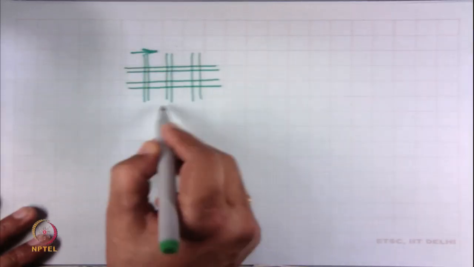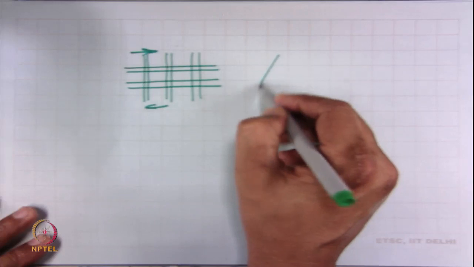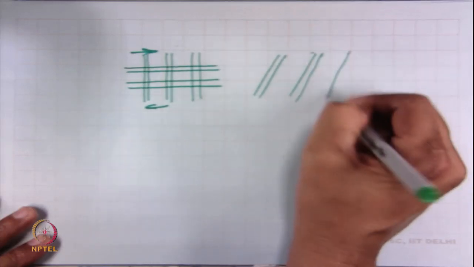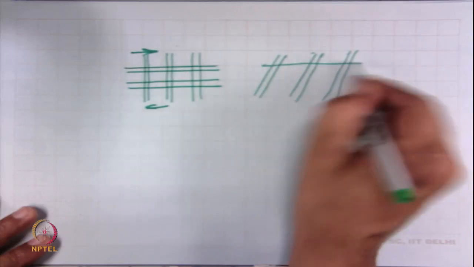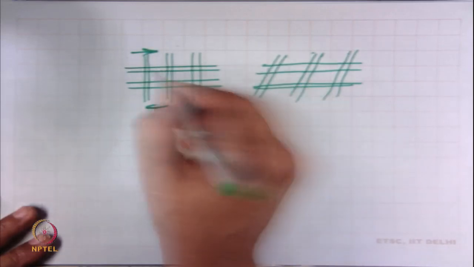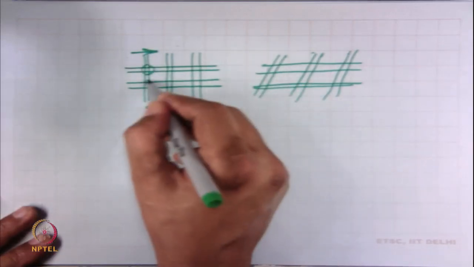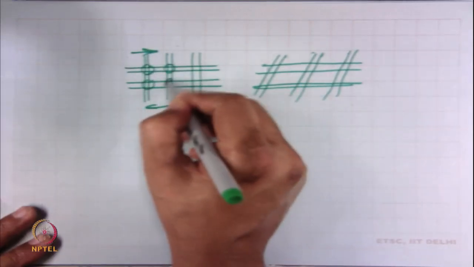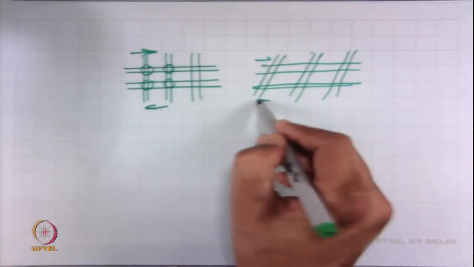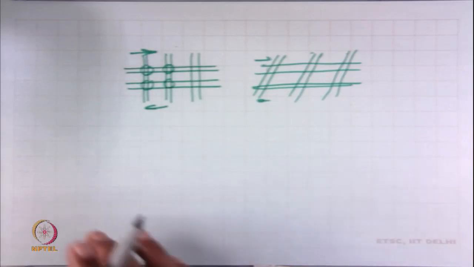When we apply force, these yarns will deform very easily, because there is no positive binding. So, they deform easily due to the inherent structure.